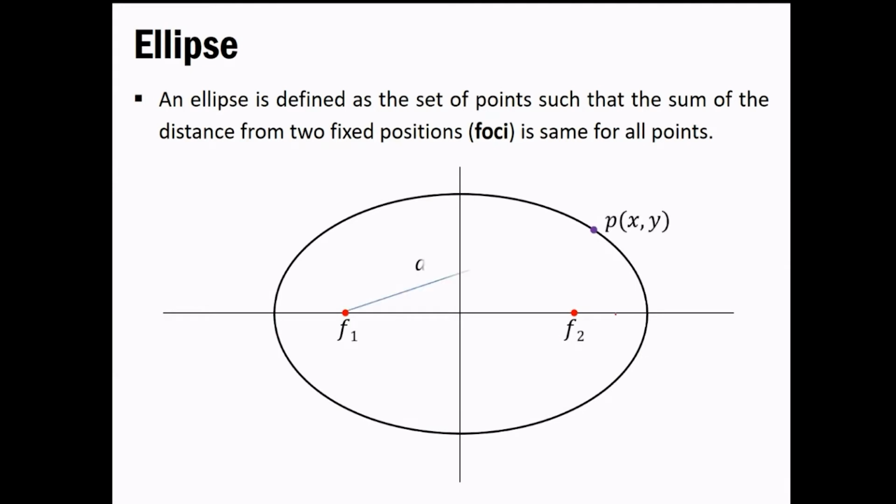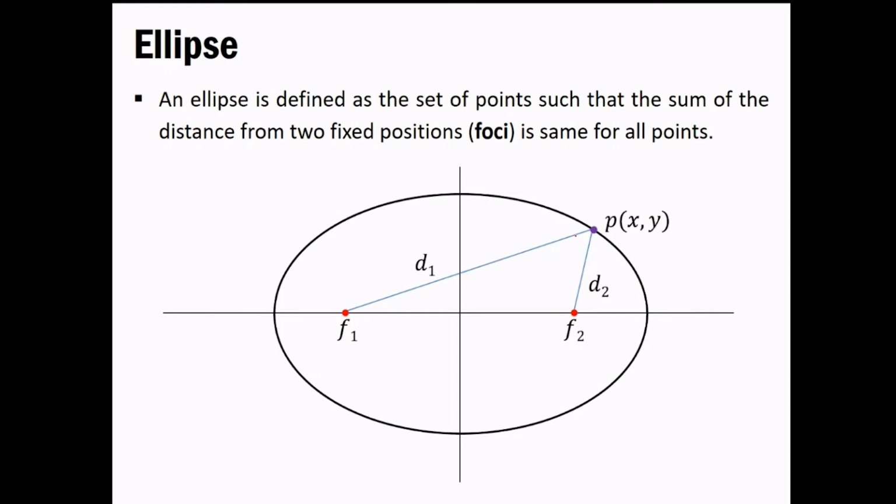So what you are doing is d1 plus d2, and you check this sum for all the points on the particular ellipse. It would remain the same for each and every point on the ellipse. That is the general property, or you can say the general definition, of an ellipse, and we have to keep it in mind.